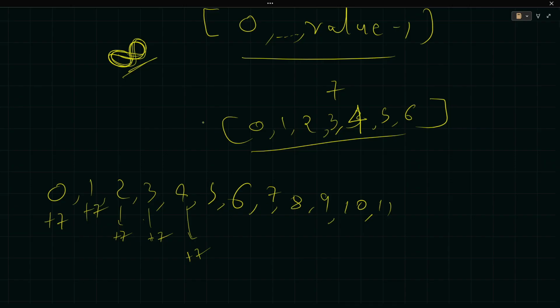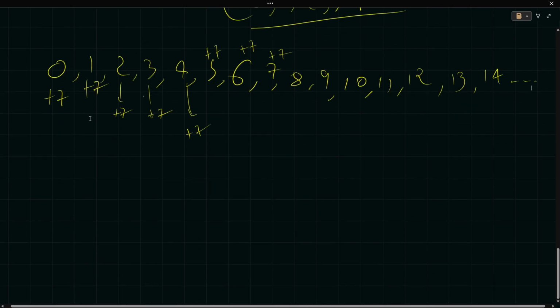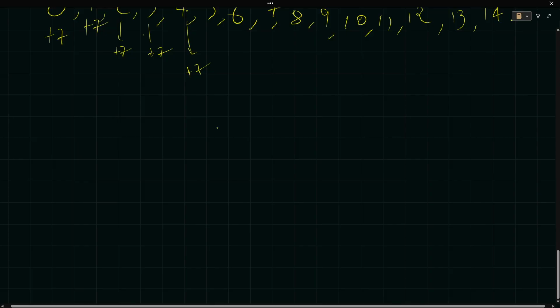Since we have infinite supply, again we will start from here. We will again add the value 7 to the next element 5, so we can get 12, plus 7 we can get 13, plus 7 we can get 14. Okay, so this is the basic idea. So we just have to look for what?